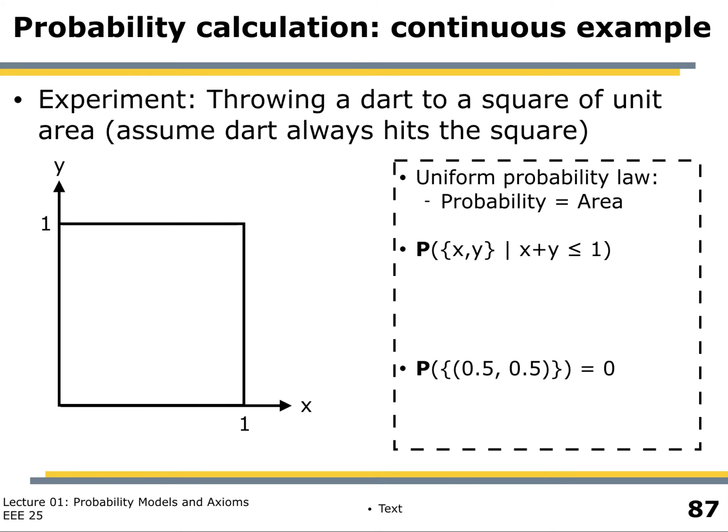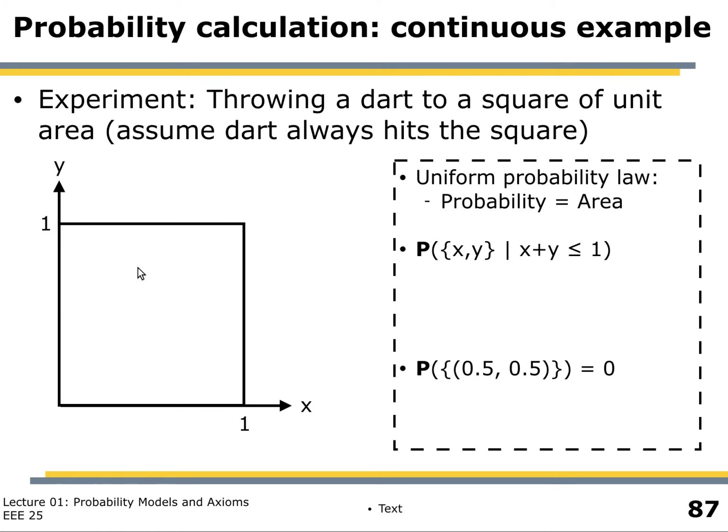Now, what if our sample space had infinitely many outcomes? Recall our experiment of throwing a dart at a square of unit area, which is shown right here.